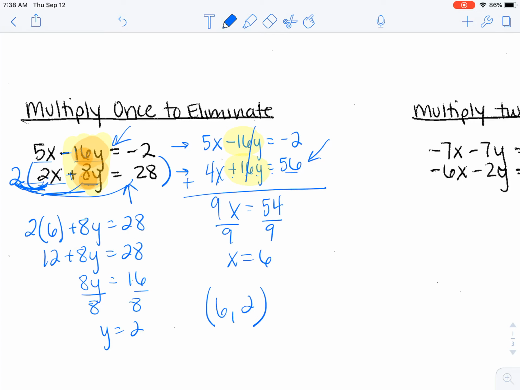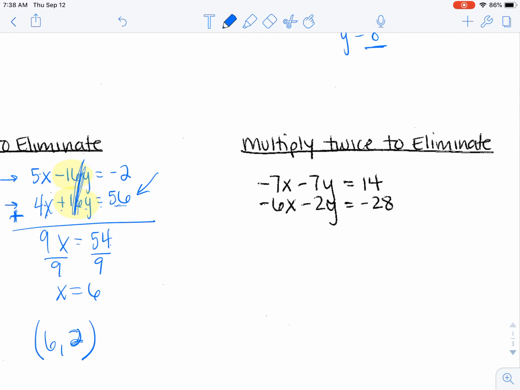So I just multiplied everything in this second equation by 2. And then I added the 2 equations, and by adding, I eliminated the y's. So 5x plus 4x equals 9x, negative 2 plus 56 gives me 54, and then solve for x. Once I solve for x, I go back and solve for y by plugging the x into any of the equations. It doesn't matter which one. Okay, so that's when we only have to multiply 1 time to eliminate.